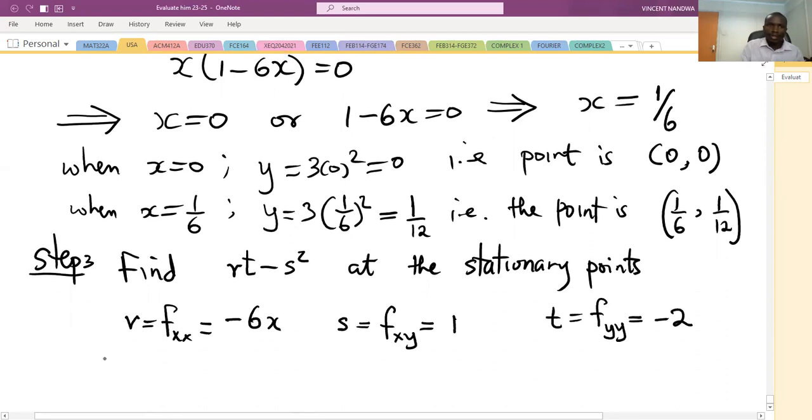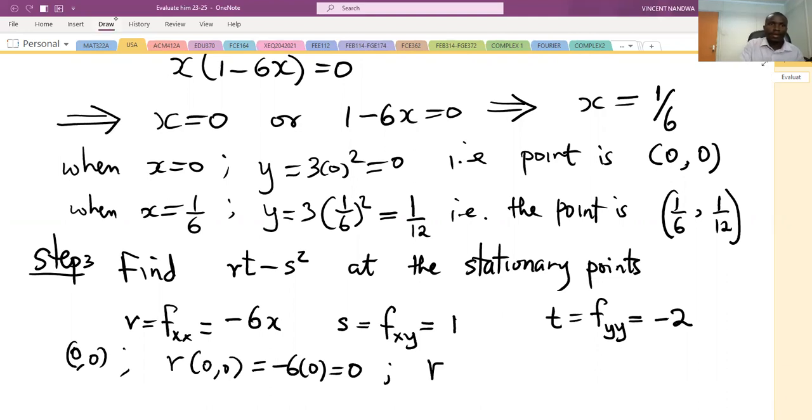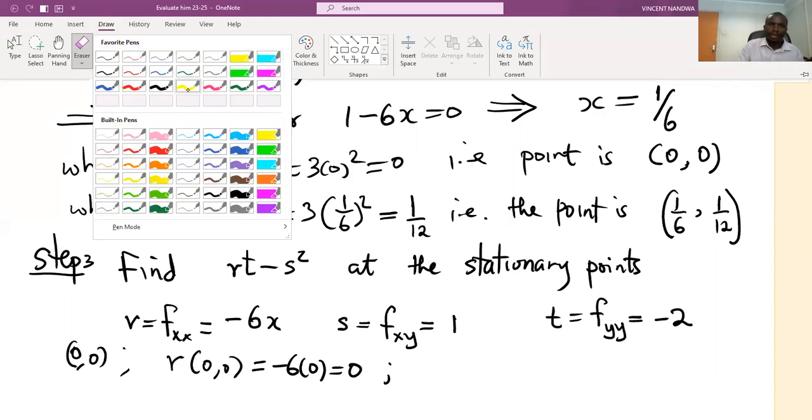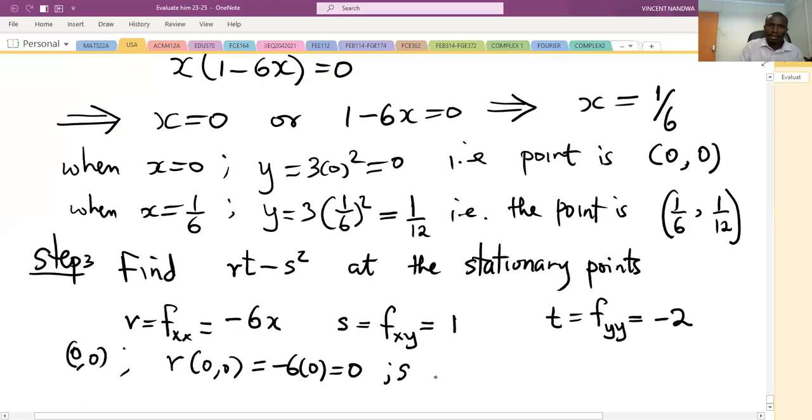So for the point 0, 0, R at 0, 0 is simply minus 6 times 0, which is 0. And then fxy, or the value of S, when we replace x for 0, y for 0, that's a constant function, so we get the same function. So S at 0, 0 will still just be 1, and T at 0, 0 will still just be negative 2.